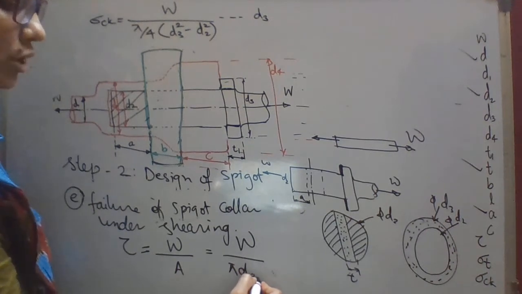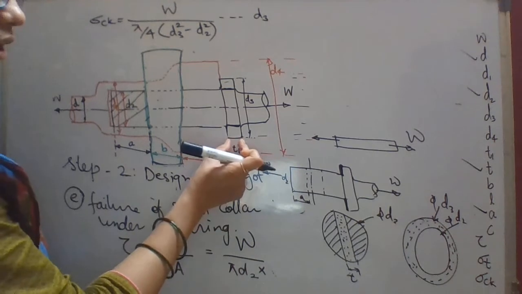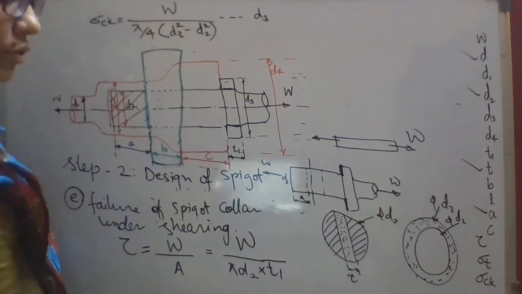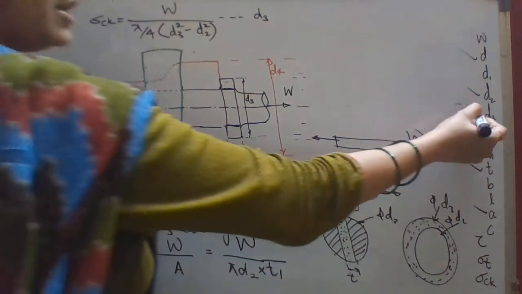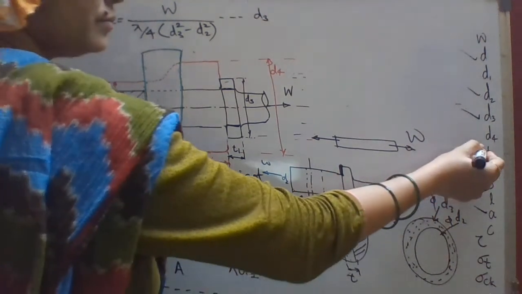So pi into d2, the circumference of that circle, into thickness. So how much is the thickness of that ring? It is t1. Now in the previous step we got d3, and d2 we already have. So from here we'll get t1.